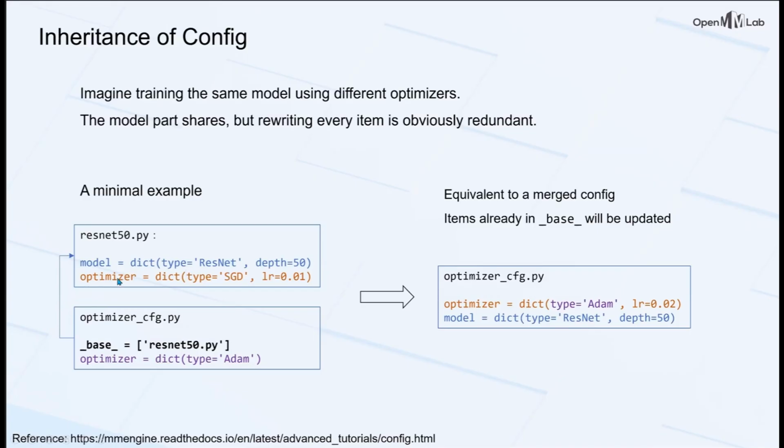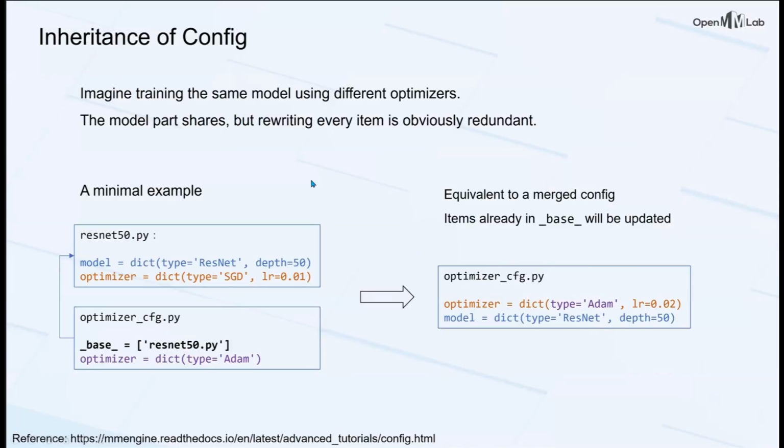For example, in the base one, we define the type of the optimizer to be SGD, and in the child one, we modify it to Adam. As a result, the final config file takes Adam as the optimizer instead of SGD. So with config file inheritance, we can also write short and clean configs.